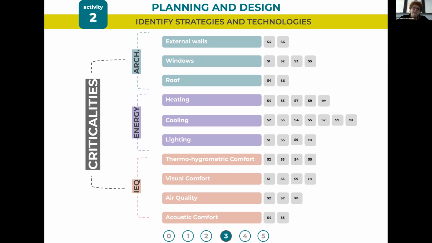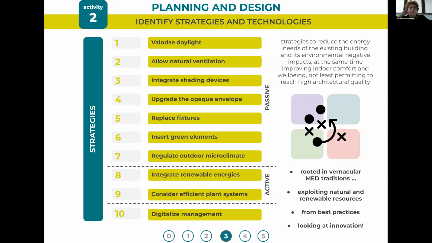For the energy aspect, we can investigate the heating system, the cooling system, the lighting, natural daylighting, or electricity. And for the comfort, of course thermal hygrometric comfort, so which kind of technological solution will implement the indoor comfort, as well as visual comfort, air quality, and acoustical comfort. So we searched and collected, and we created this kind of abacus of technology according to these searching elements.